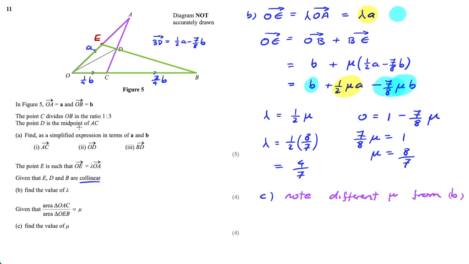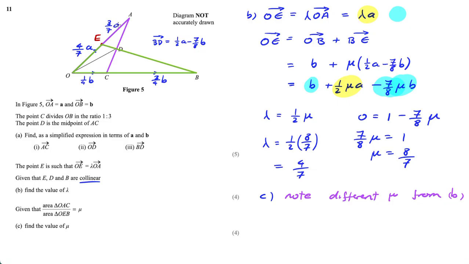Here we know that this is a quarter of this base, but we've got different heights because this one goes to E and this one goes to A. Because we know this is lambda, this is 4/7 of A. In fact, I'll just do that now, guys. This is 4/7 of A, and this is 3/7 of A.